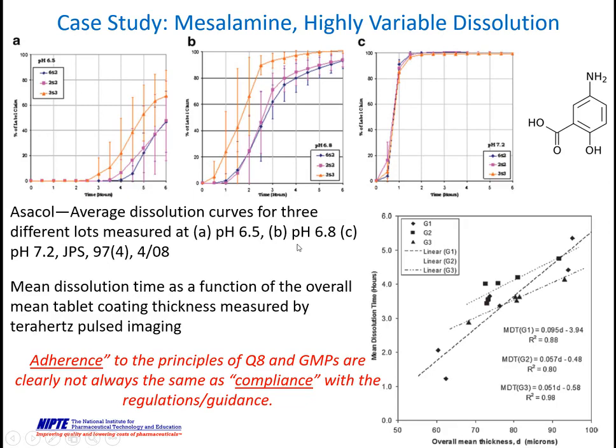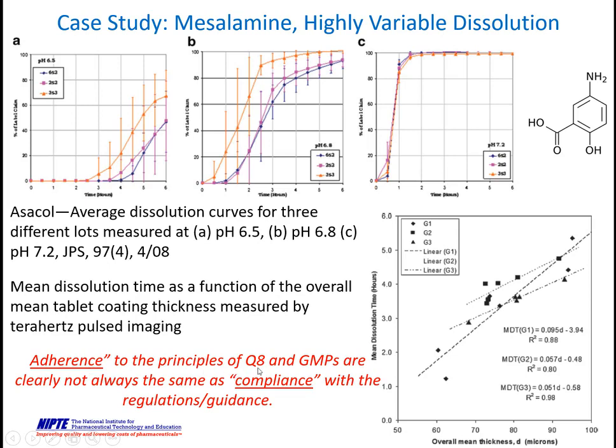So even though the overall coating criterion in manufacturing was met, when they had done terahertz analysis of the coating thicknesses and compared them to the mean dissolution times, what they found is that the coating thickness was not a huge correlation, but a pretty good correlation, that the coating thickness, the average coating thickness, was responsible for this huge variation.